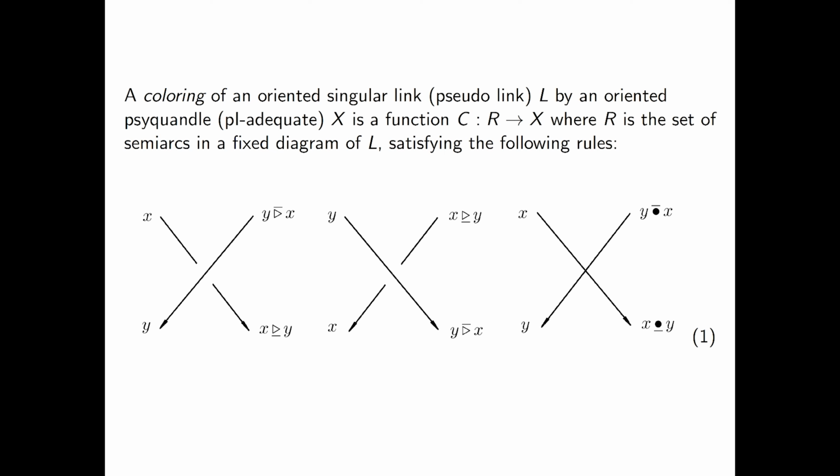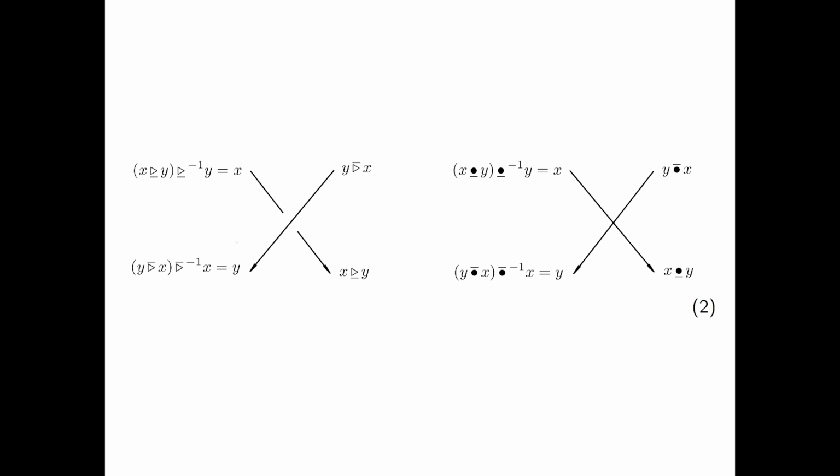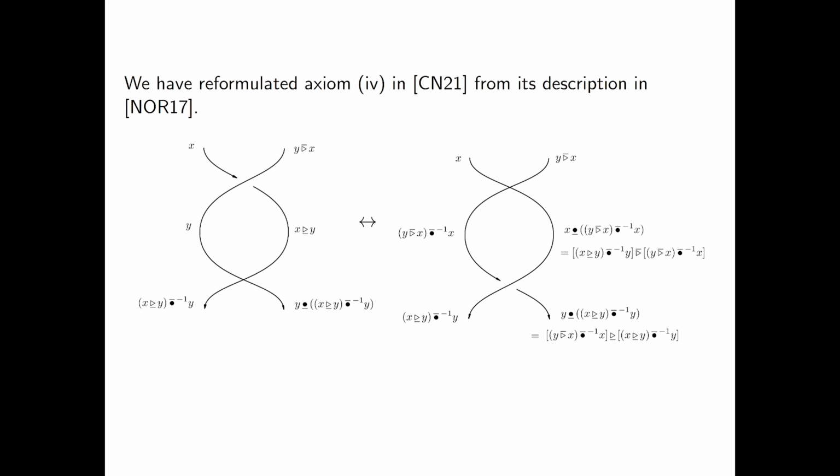So the top right is Y over dot X, and the bottom right is going to be X under dot Y. So in addition to the rules at a positive crossing, a negative crossing, and either a singular or pre-crossing, we also have some coloring rules for the inverse operations of under triangle, over triangle, under dot, and over dot. And here are the coloring rules for these inverse operations.